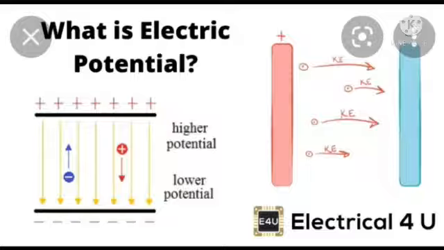Similarly, there is a tendency of positive charge to flow from a point of higher electric level to a point of lower electric level, just as water and heat do. This electric level deciding the direction of flow of electric charges is called electrostatic potential.